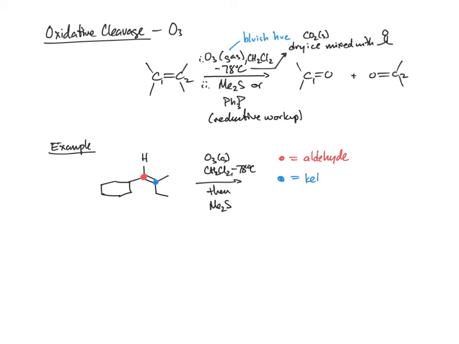Blue is ketone. Everything you've learned over this semester, we're now taking those words and transforming them into a structure. That stays intact. Here we go. Here's the red carbon. We're now adding our pi bond to it. We've done the oxidative cleavage. Here's the blue carbon. We now add our carbonyl pi bond to it. So we end up with an aldehyde and a ketone.